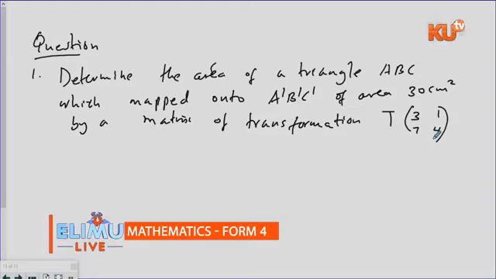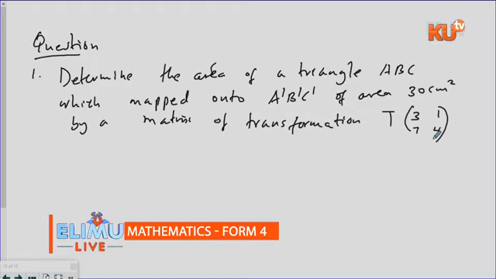We need to determine the area of the triangle ABC, which is mapped onto A prime, B prime, C prime of area 30 centimeters squared by a matrix of transformation T, 3, 1, 7, 4. That is the matrix of transformation, and that is the area of the image.